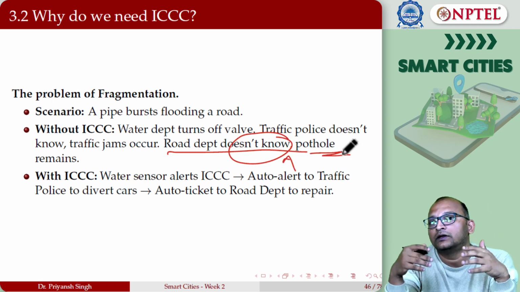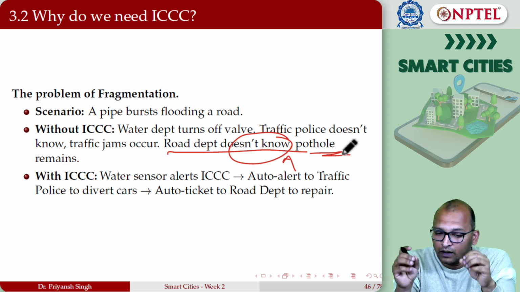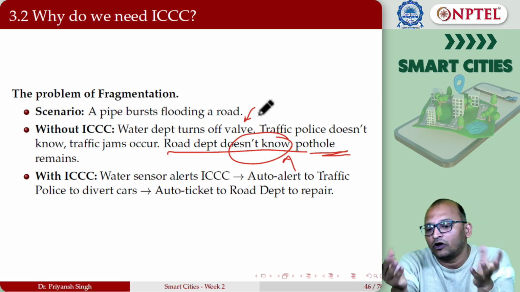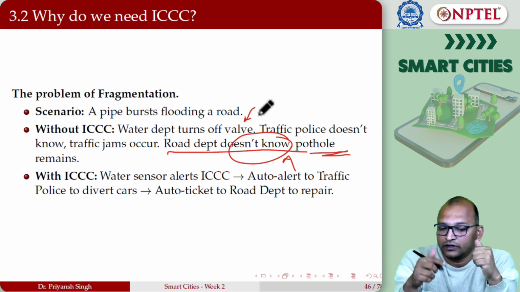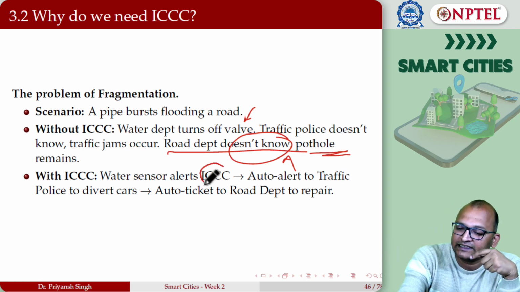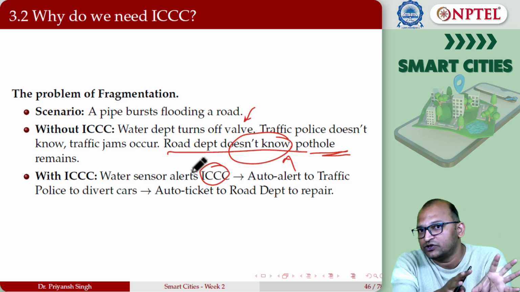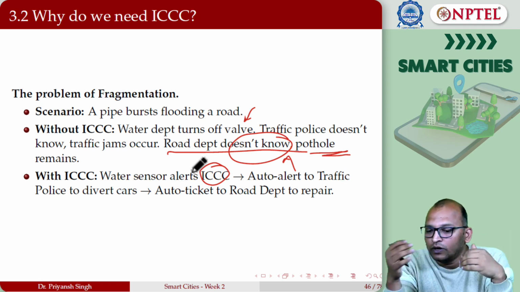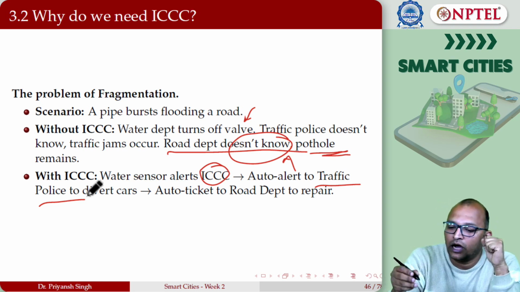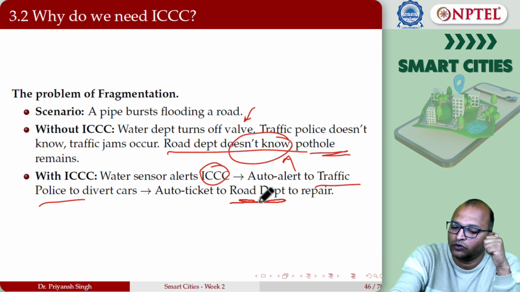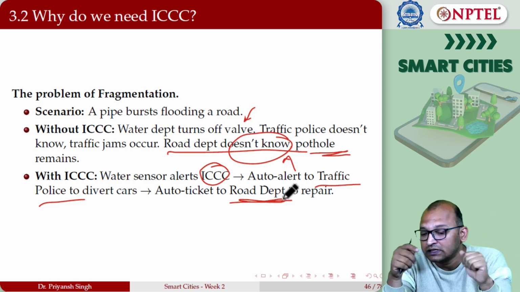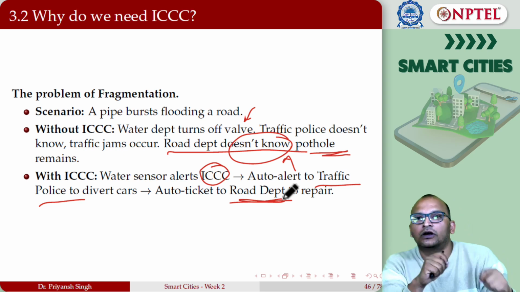So that pothole and road issue will remain. However, in the ICCC approach, the water sensor alerts the ICCC that there is an issue with the water pipeline, and auto alerts are sent to the traffic police to divert the traffic, and also to the road department, maybe in the form of a repair ticket, to repair the failure on the road.